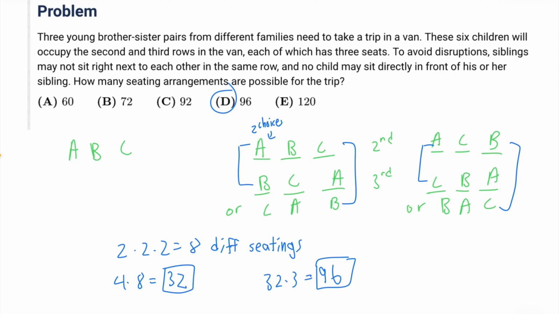Because for each family there are 2 different siblings to choose from, we have 2 times 2 times 2, which is 8 different seatings, and we have 4 of these patterns. So you multiply by 4 to get 32, and then because any family could be in the leftmost seat, not just A, we multiply by 3 again to get 96.